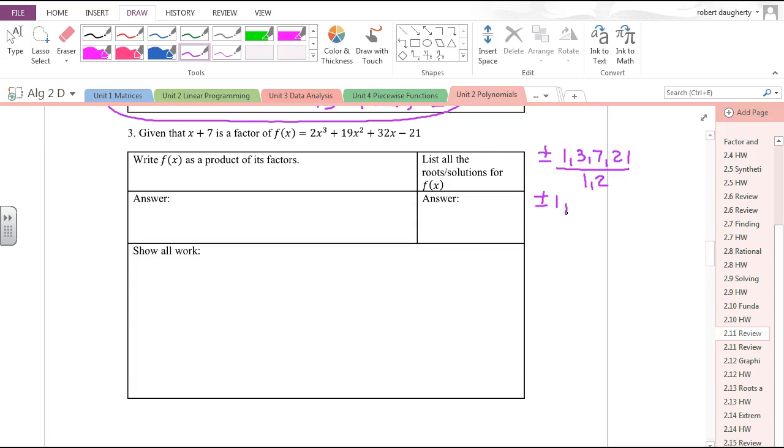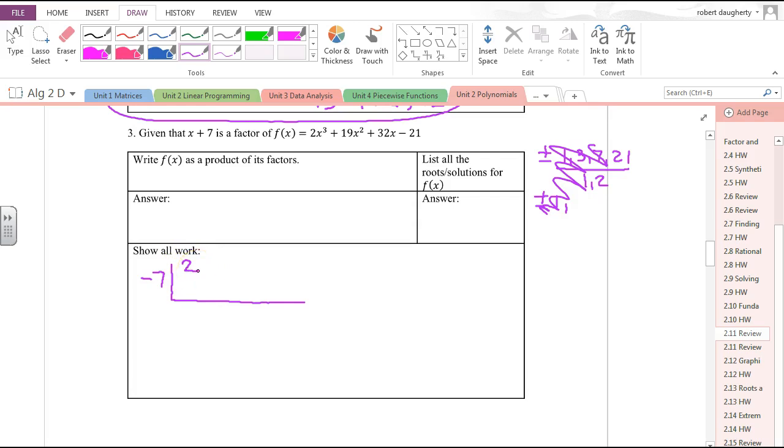Sorry about that, let me back up. I didn't need to do that. They gave me that x plus 7 is a factor. So I go ahead and start. Sorry about that. Waste of time.